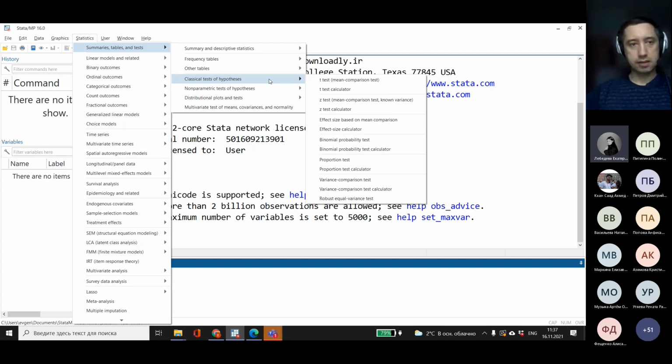Again, statistics, summaries, tables, and tests, classical tests of hypotheses, and here you should find variance comparison test calculator. Please, everyone, open this tool.